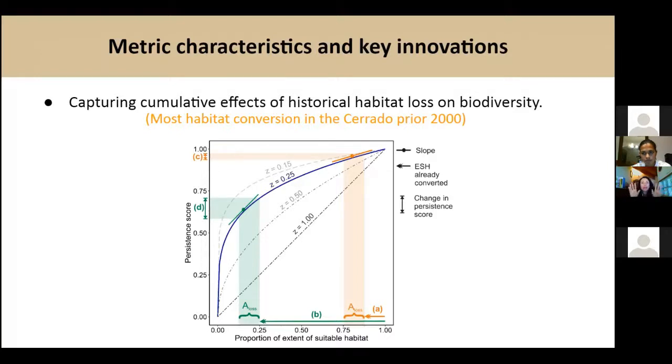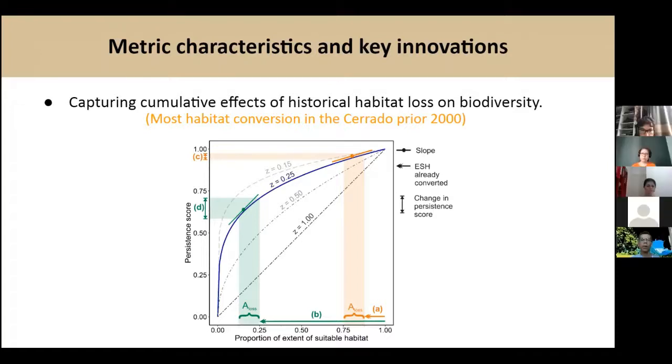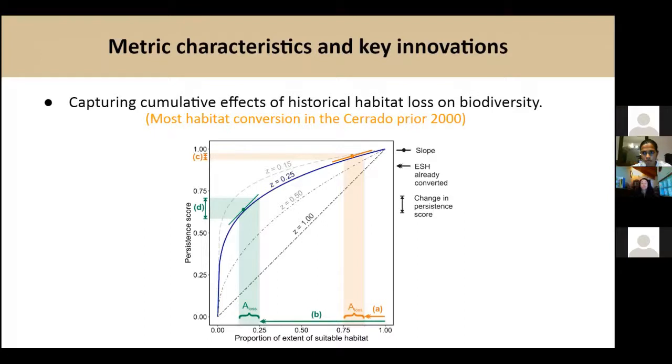Likely, the effect of that same extent of habitat loss won't be the same on the likelihood of persistence of those two local populations. And that fact for us was very important to capture, mainly for a practical reason, which was that most of the habitat conversion in the Cerrado had already happened before the year 2000, which was the first year, the starting point of assessment of our research.